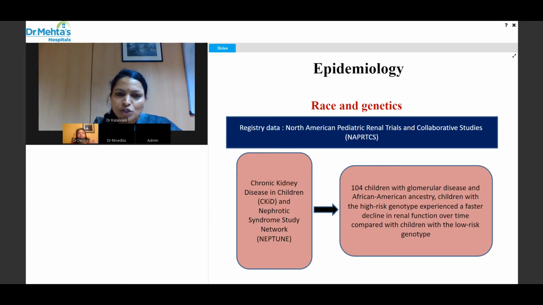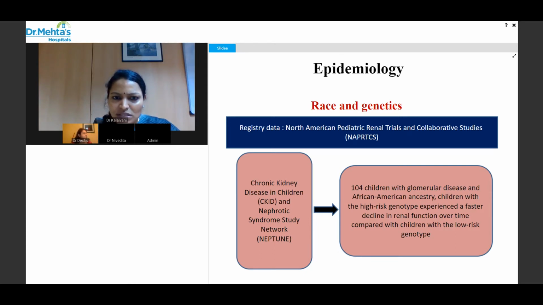Next, the epidemiology of CKD, from registry data. It has been noted that in North America, a 2 to 3 times increase in CKD is common in those of African American ancestry. In a combined analysis of the Chronic Kidney Disease in Children and Neptune studies, out of 104 children with glomerular disease, those with high risk genotype experienced a faster decline in GFR when compared to the low risk genotype.